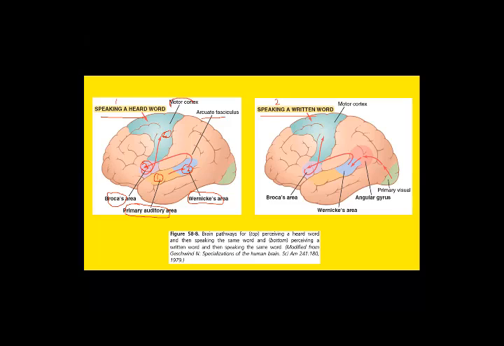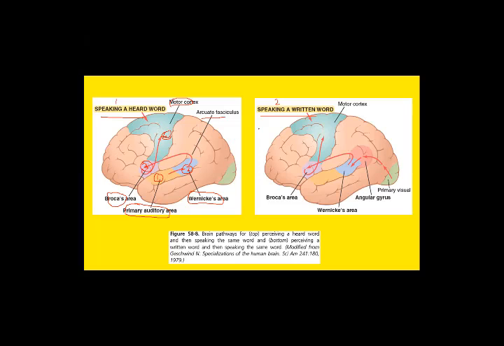This is the final relay station, the motor cortex. So when you speak a heard word, the input is received by the primary auditory area, then the signal is sent backwards towards Wernicke's area, the sensory speech area. This is connected with the motor speech area by the arcuate fasciculus, so the signal is received by Broca's motor speech area, and the final destination is the motor cortex where the impulse will be transmitted.